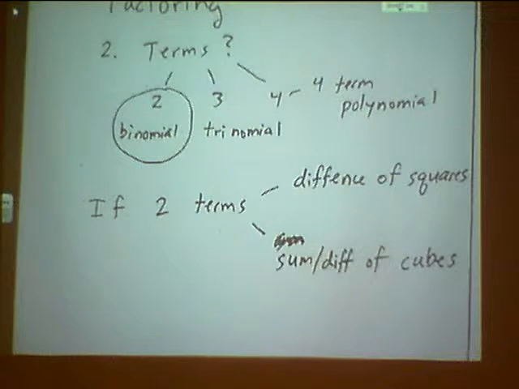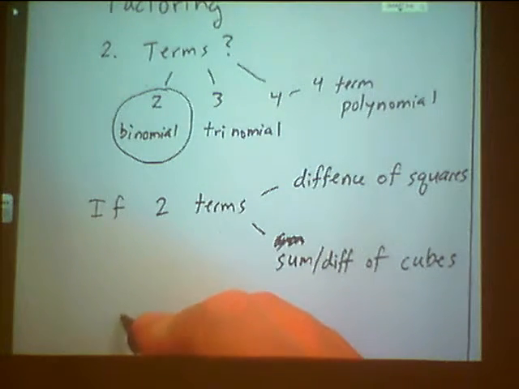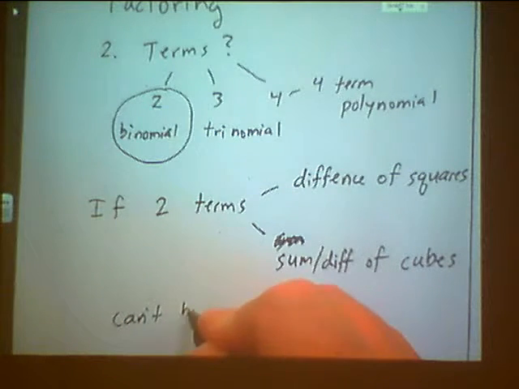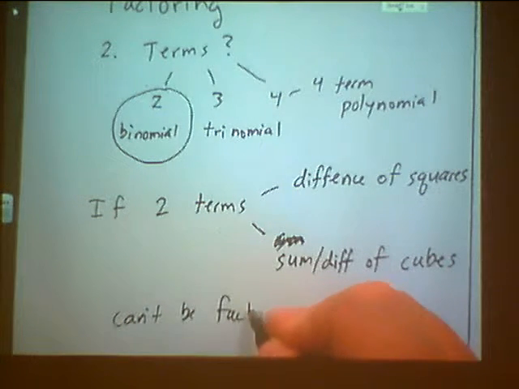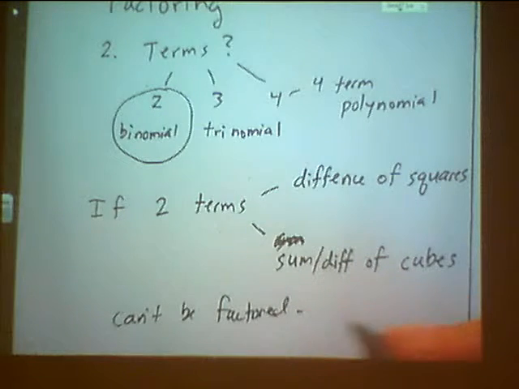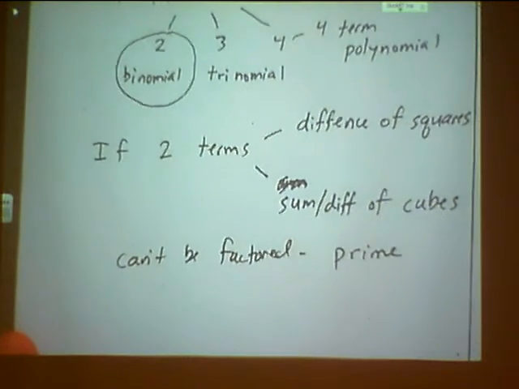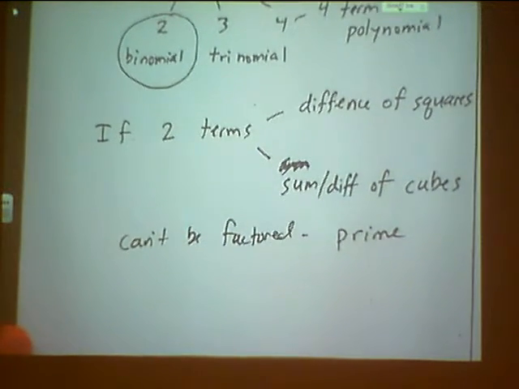Sometimes it's just the case that nothing works, it cannot be factored, and if it can't be factored, in the math world, they like to call it prime, meaning it can't be factored. Nothing can be done with it.